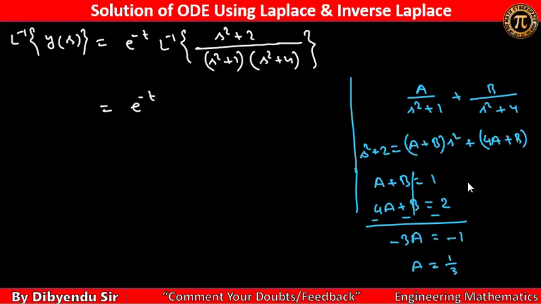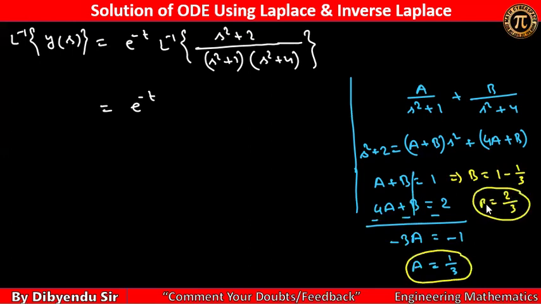And if A equals 1 by 3, then from A plus B equals 1 you will get B equals 1 minus 1 by 3. That means B equals 2 by 3. So A equals 1 by 3 and B equals 2 by 3. Clear? So put these values.